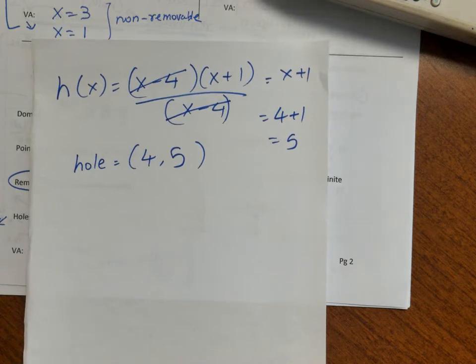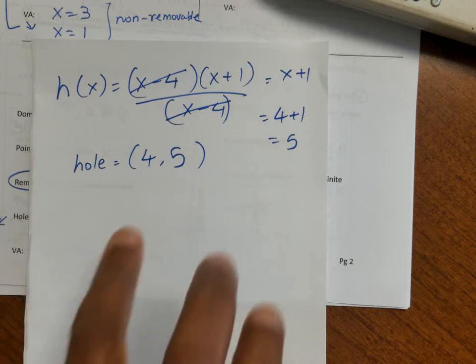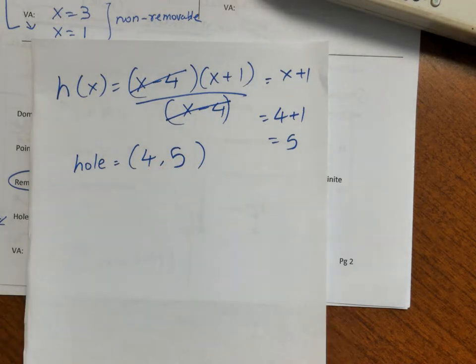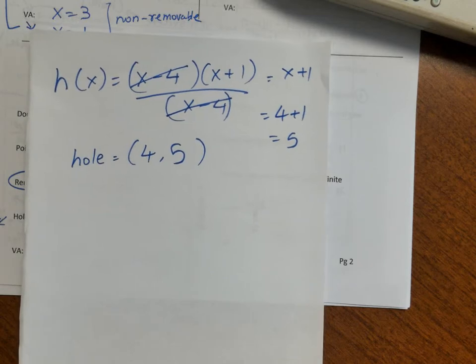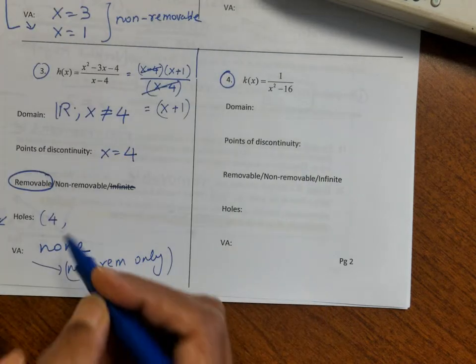That is why it's important I put a star, you have to plug it into the simplified. Most of the students remember it, I do have sometimes the answer for the hole as 4 comma 0. I do see 0 showing up here because they substitute in the original equation. In the original equation it's actually undefined, but the numerator is 0. Alright, so please keep that in mind. You solve for y by plugging it into the simplified equation.